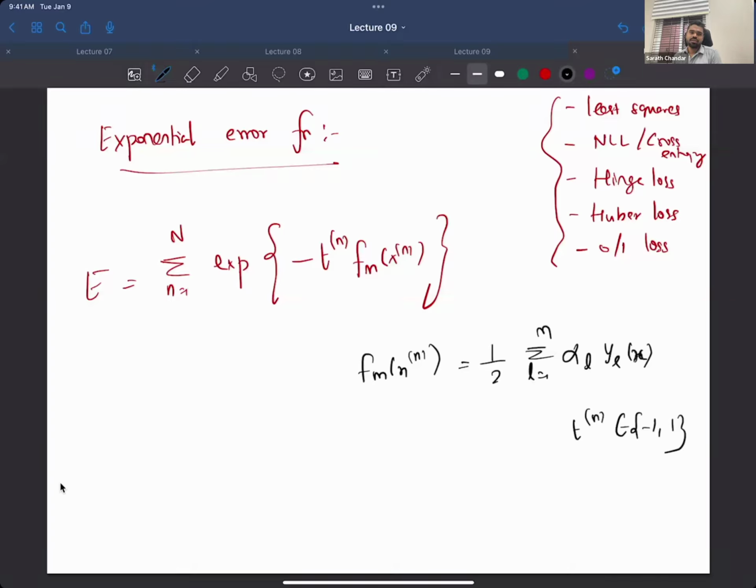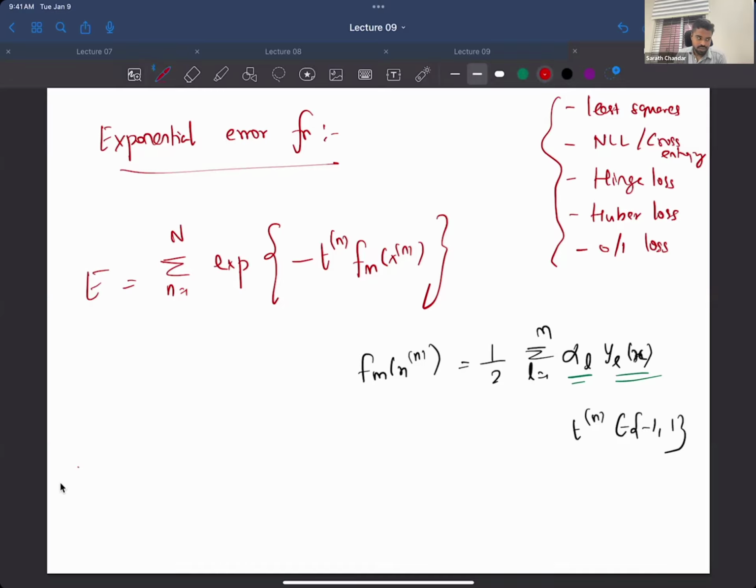Now this error function gives an exponential penalty whenever the model makes a mistake. I want to minimize this error, but there are two different parameters to minimize for. One is this alpha l, the other is the parameter of the classifier.